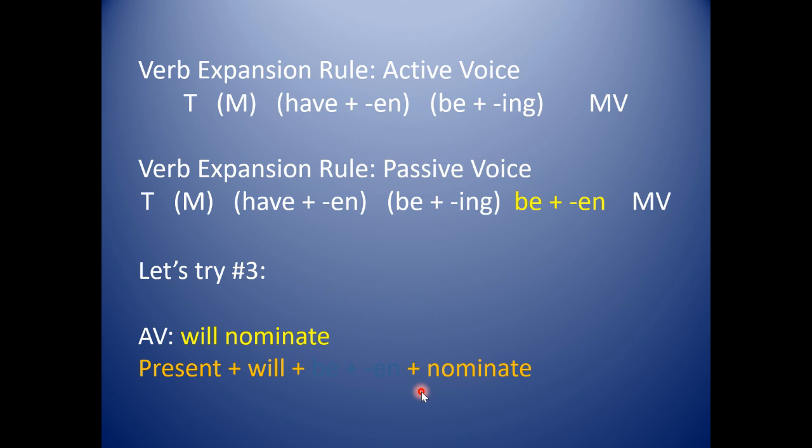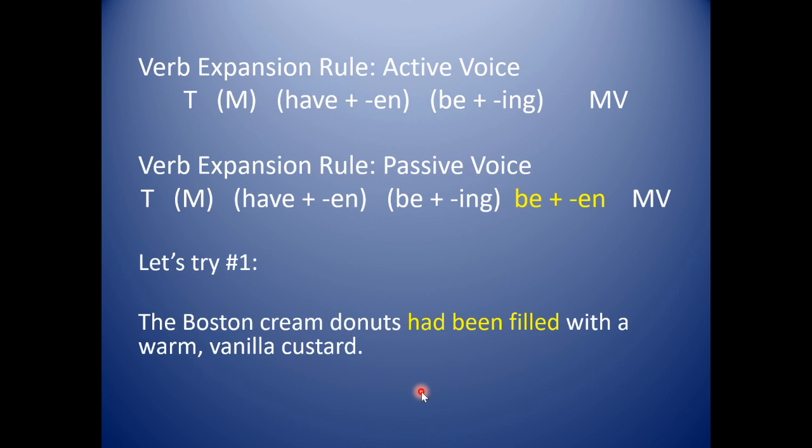Now, on the back of your worksheet, we're also going to try rewriting our sentences. So if I take a sentence that's written in passive voice, the Boston cream donuts have been filled with a warm vanilla custard. Well, this is in passive voice. So the first thing I want to do is I want to change this 3-word verb string to a 2-word verb string. I'm not going to lose the word had. I'm just going to simply reduce it to had filled.